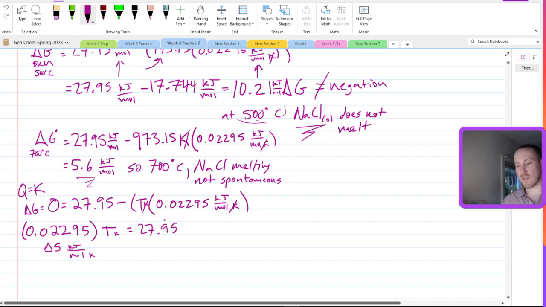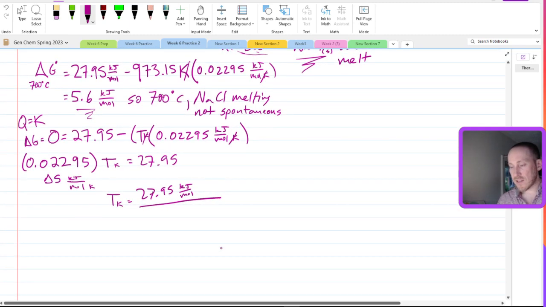So now I obviously just divide both sides. That means our temperature is going to equal 27.95. By the way, this is our kilojoules per mole, that's the delta H, divided by our delta S.